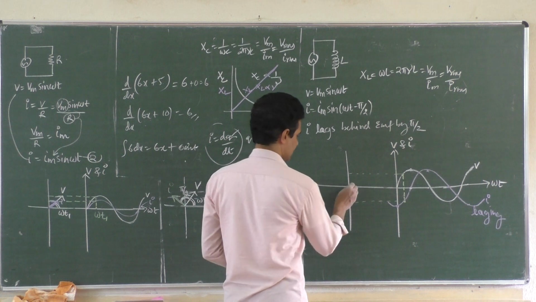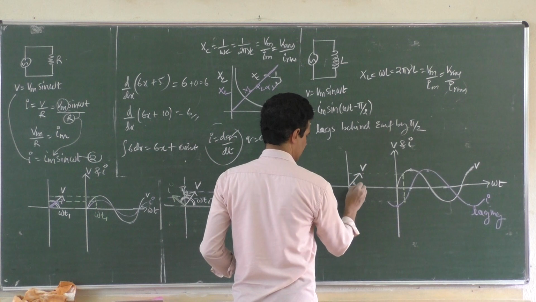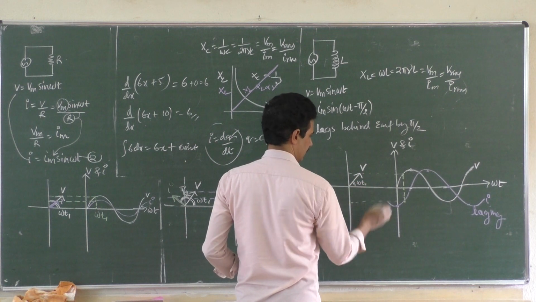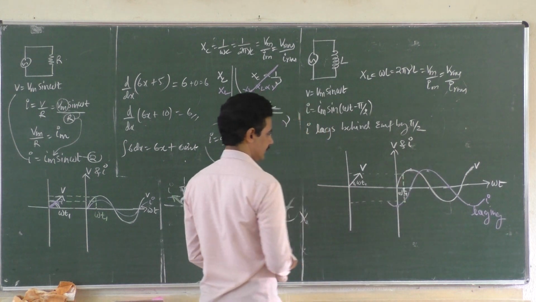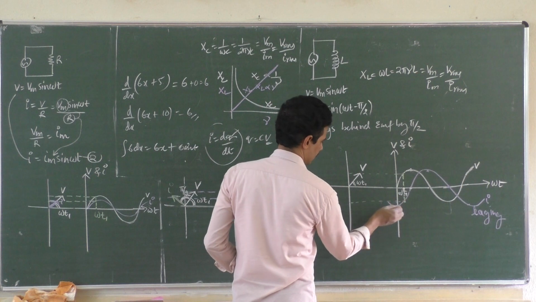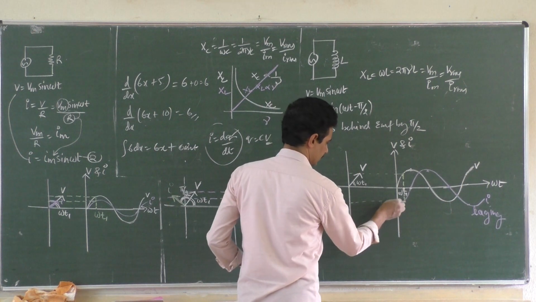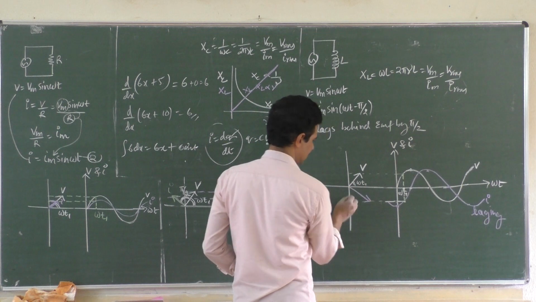Suppose voltage is here, V, and this is omega T1, then current should be lagging behind. It should be somewhere here, and this should be 90.